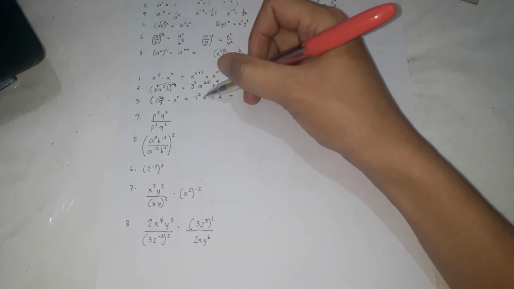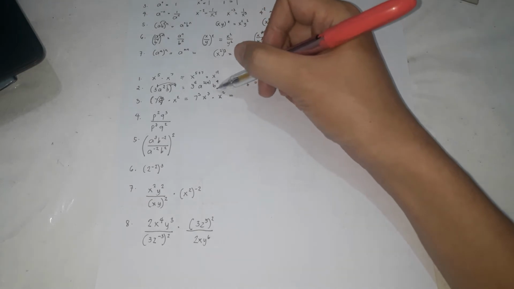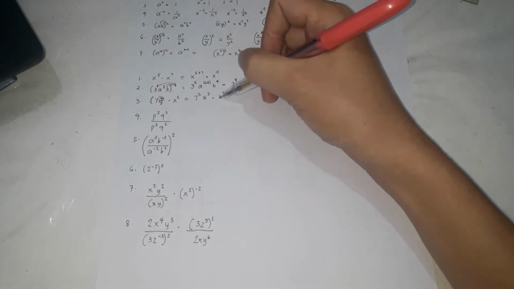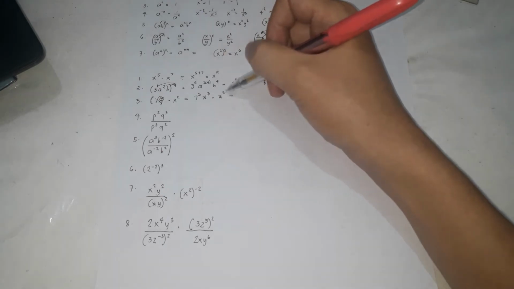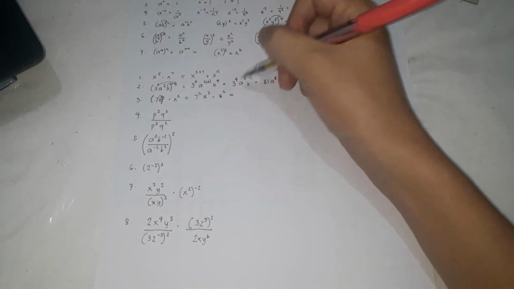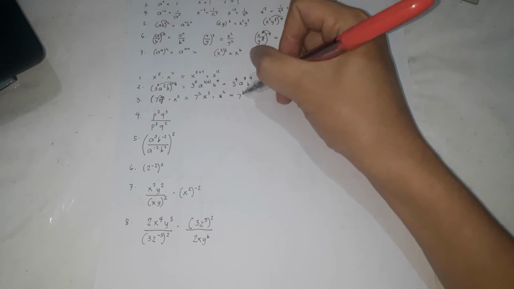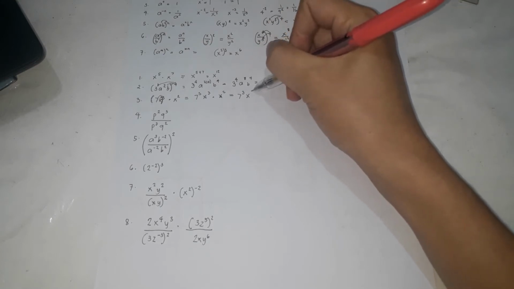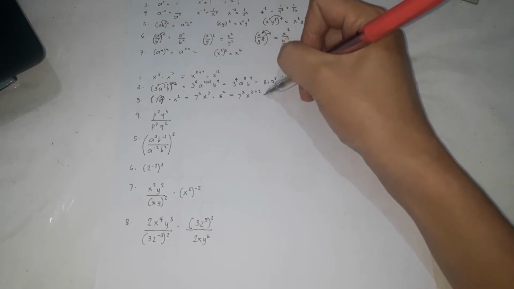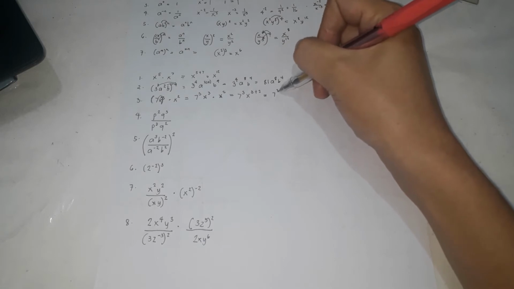Dalawa bang x? So, kailangan isa na ng x. So, what you're going to do is, i-times sila dalawa. Pag i-times mo sila sa dalawa, what you're going to do is add the exponent. So, 7 cube, later na lang, x, 3 plus 2, which is equal to 7 cube x to the 5.